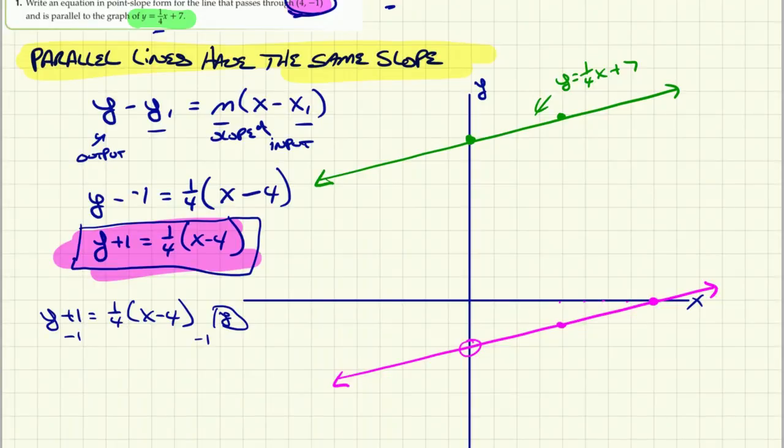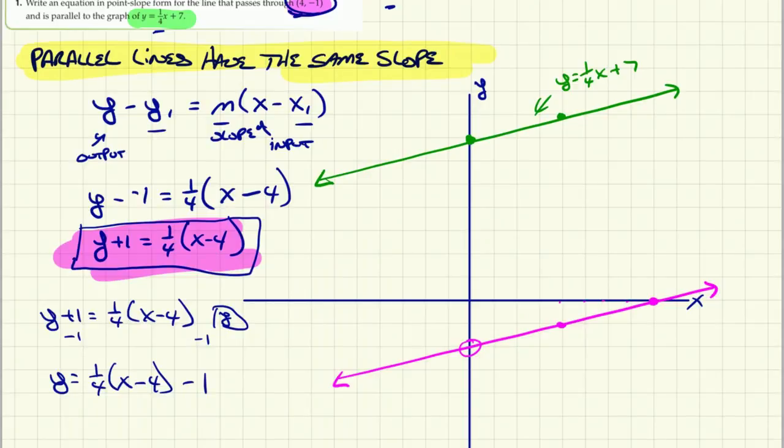So we're going to say that y is equal to 1/4(x - 4) - 1. We solved for y, but we're not quite done yet. We want to get it into slope-intercept form, so we do need to distribute the slope through the parentheses only.